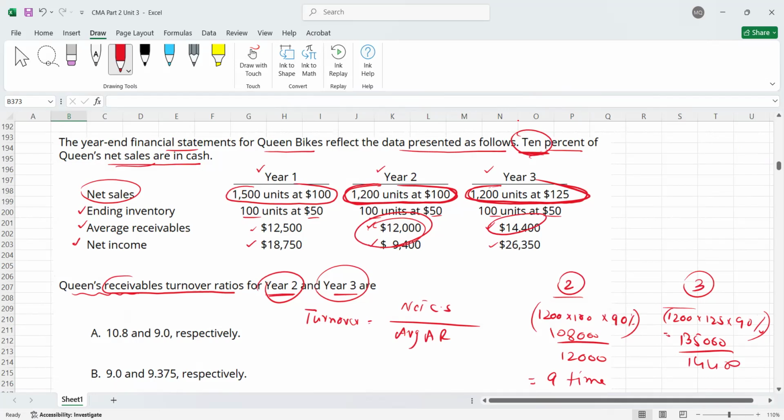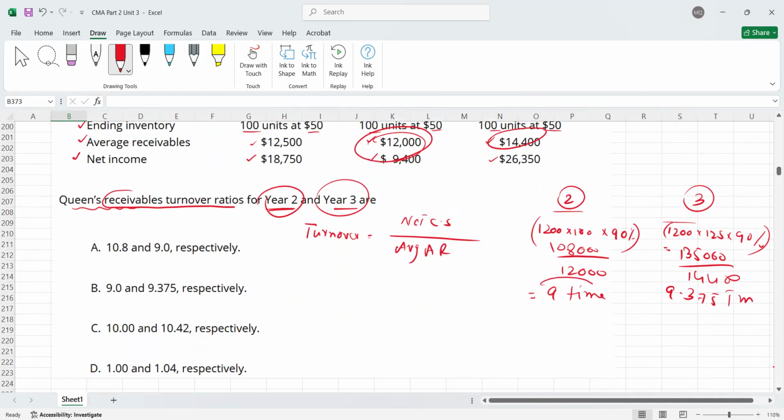So the answer is 9.375 times. For year 2 it is 9 times, for year 3 it is 9.375 respectively. This is the correct answer.